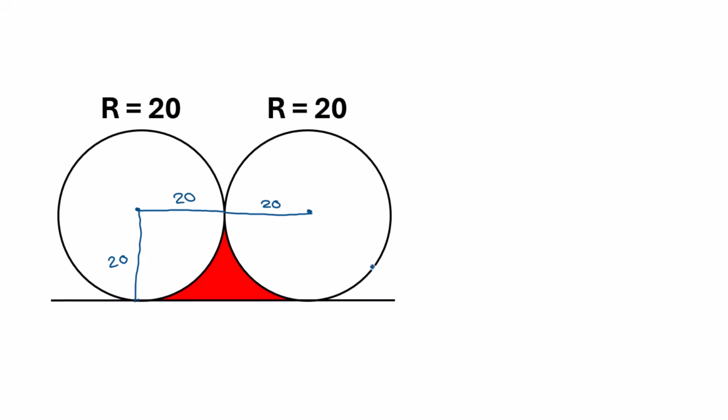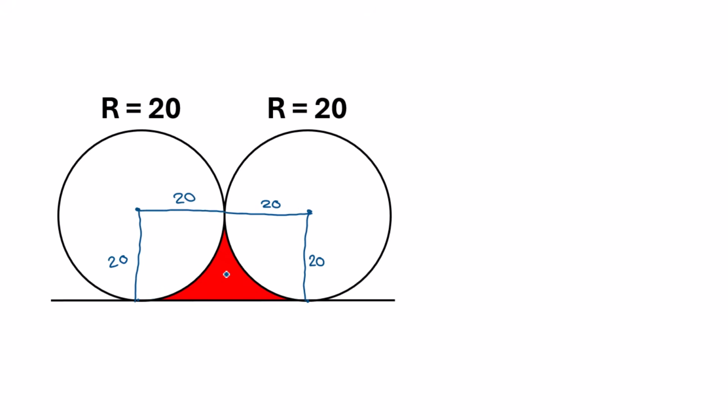Similarly, for the common point of the right circle and this line, the distance to the center of this circle is also 20. Now the centers of these two circles and these two common points make a rectangle.